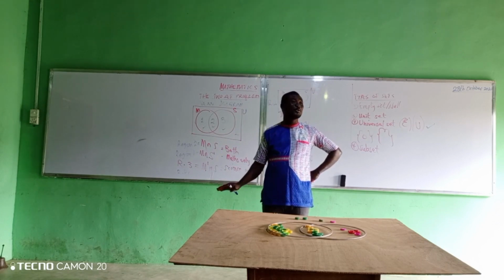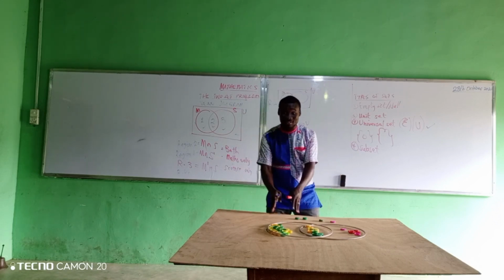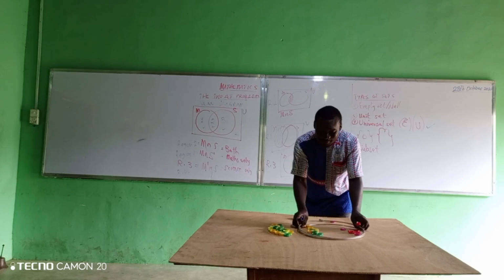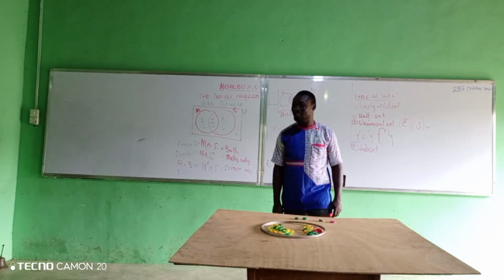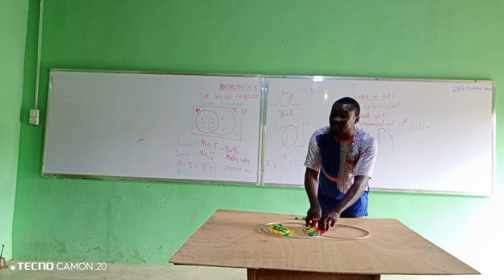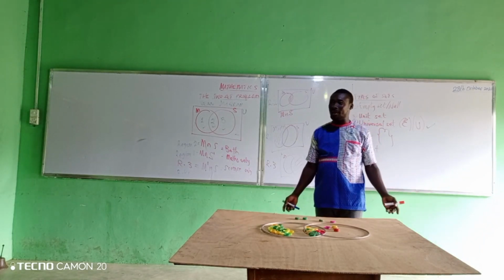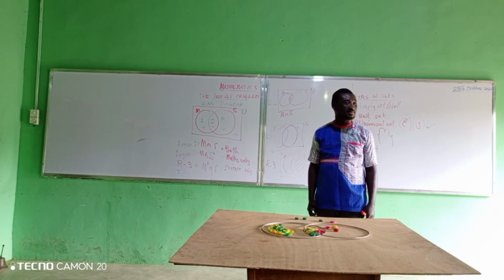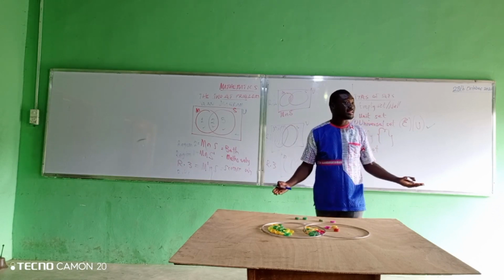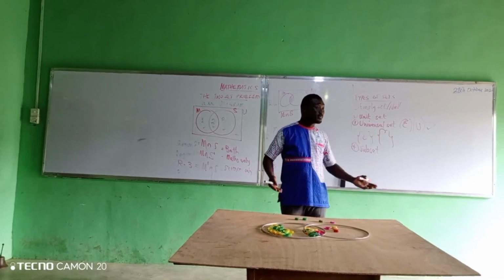No, we don't have DMS students because we all do maths and we all do science. But there can be some instances. We have some people in the community. Uncle B.